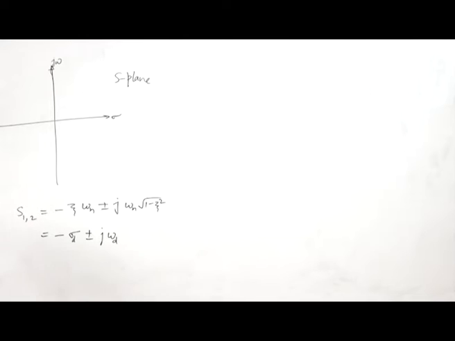So here omega d is the imaginary part of this pole, and sigma d is the magnitude of the real part of this pole.